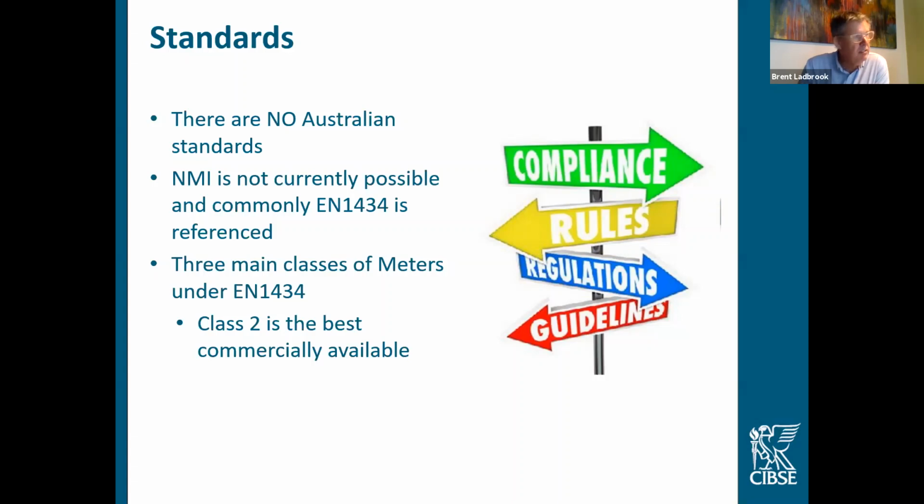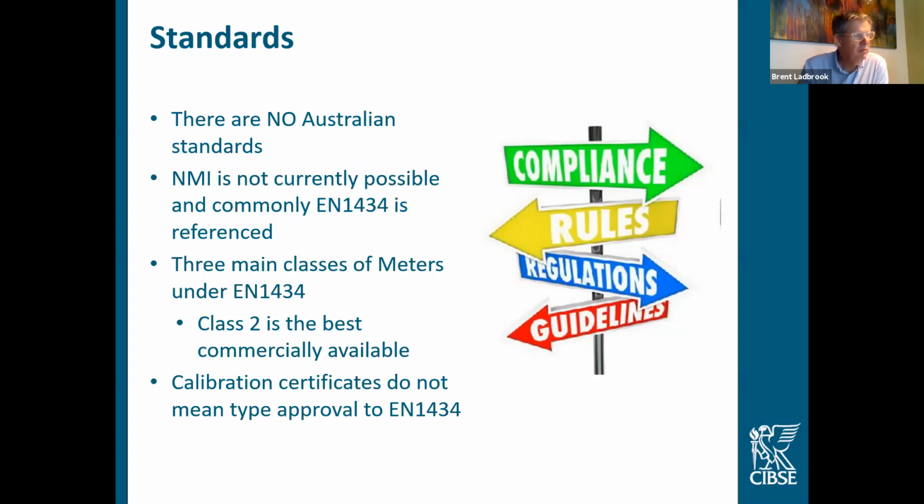Class 2, typically 2%, is really the best commercially available. You can buy a class 3 meter. I don't know of any class 1 meters that are available, but class 2 is the best commercially available meter, so it would be well worth specifying class 2.